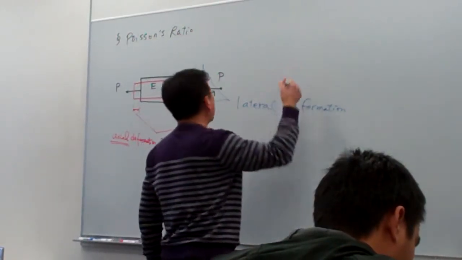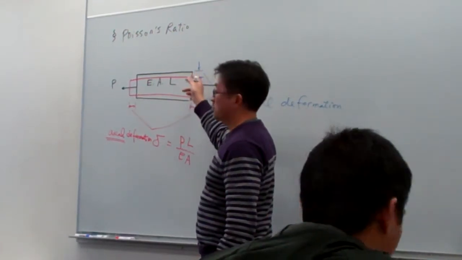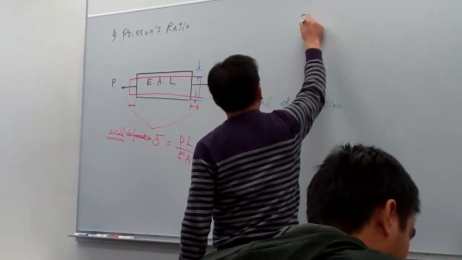The Poisson ratio, by definition, is the ratio of the strain between the two dimensions. So let me write it up.